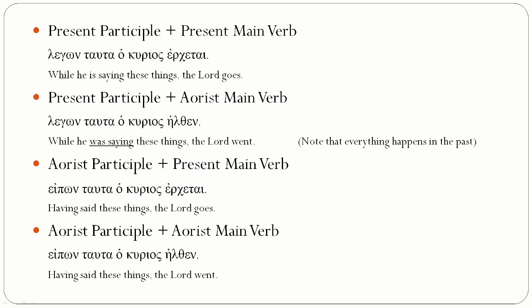Okay, so first thing you need to do, you need to figure out the tense of that participle. Okay. You also need to figure out how it's being used, whether it is an attributive participle, a substantive participle, or an adverbial participle. Okay. Once you get those two things, the tense and how the participle is being used, then you can go ahead and translate it.